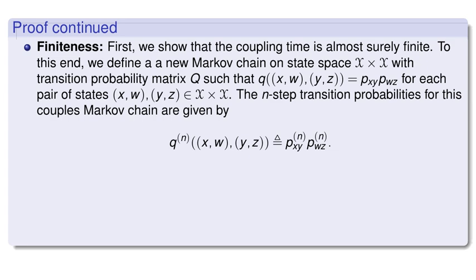The n-step transition probabilities for this coupled Markov chain are then given by q^n((x,w),(y,z)), which is p^n_xy times p^n_wz.